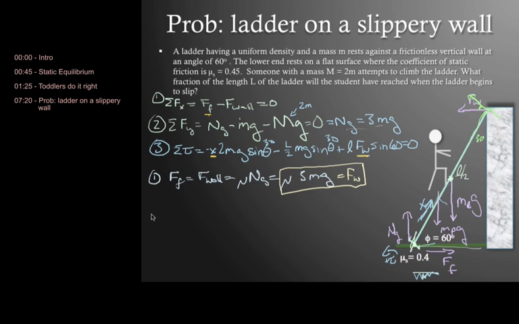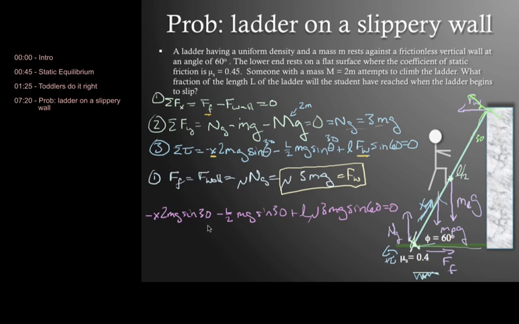So now we're going to plug in, we got minus x 2mg sine 30 minus L over 2 mg sine 30 plus L, and now I'm going to stick in this mu 3 mg sine 60 equals 0.